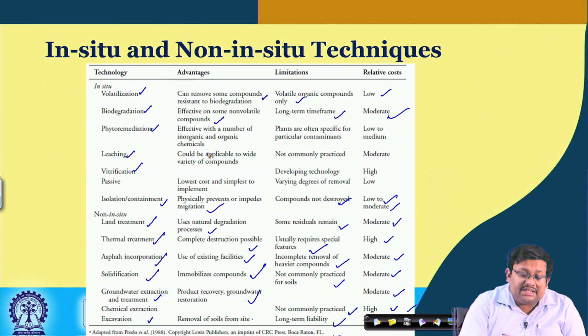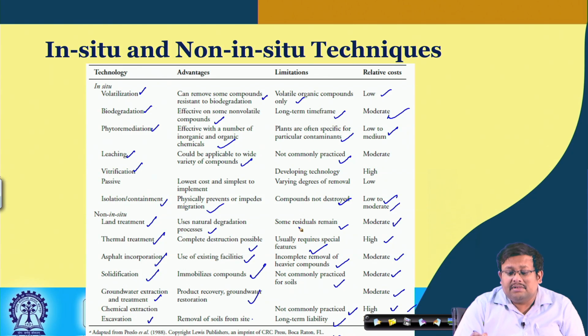Phytoremediation is effective with a number of inorganic and organic chemicals. However, it has the limitation that plants are often specific for a particular contaminant, so you have to use a group of plants if you want to remediate a group of contaminants. The relative cost is low to minimum. Leaching could be applicable to a wide variety of compounds. However, it is not commonly practiced, and it has a moderate relative cost.